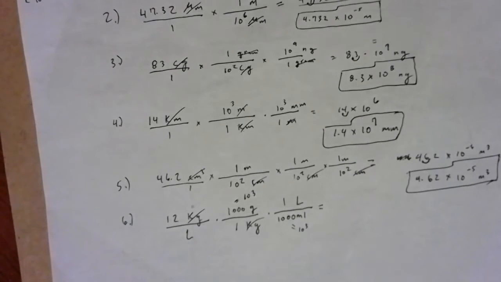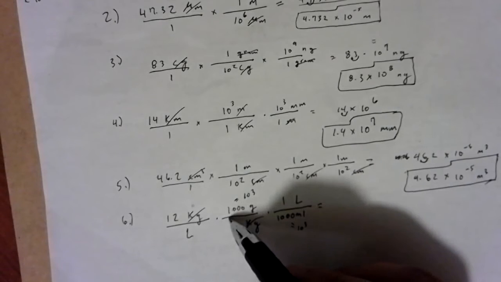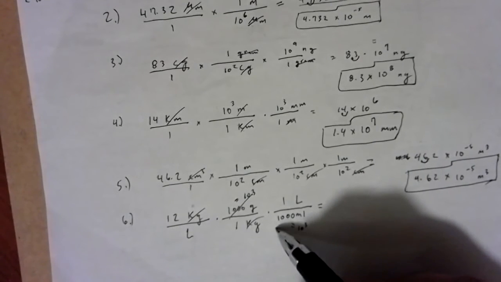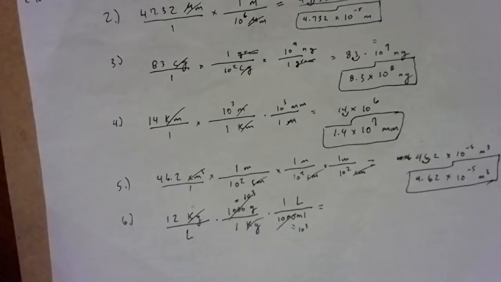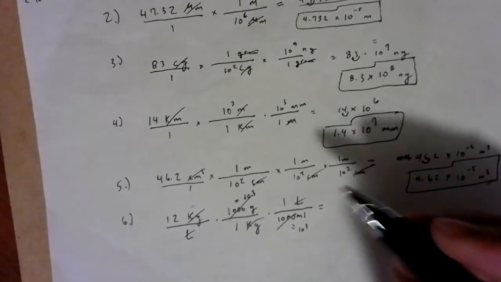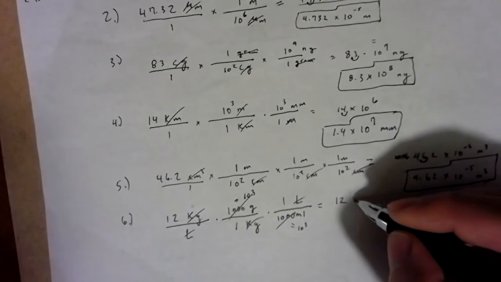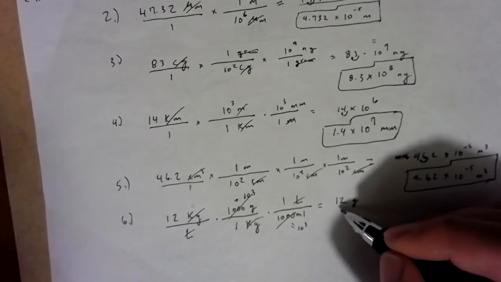Anyway, so what happens here is the 10 cubed in the top actually cancels out with a 10 cubed at the bottom. So that's kind of cool, right? And then the liters cancels out with the liters, and then we're left with 12 grams per milliliter.